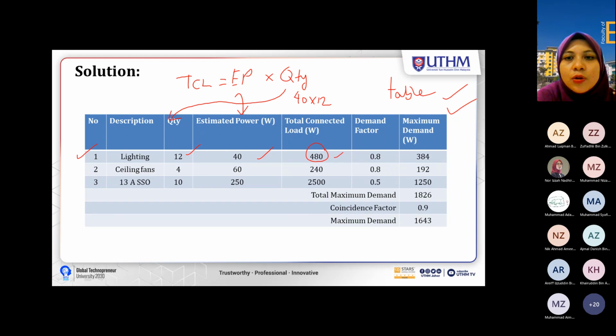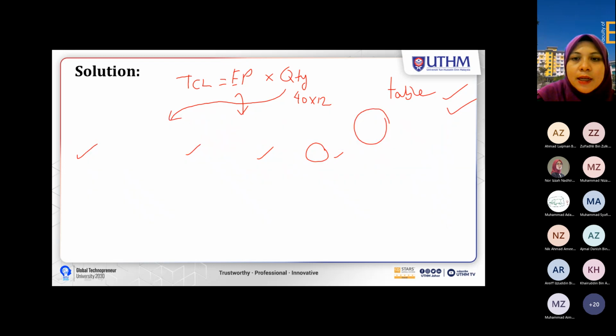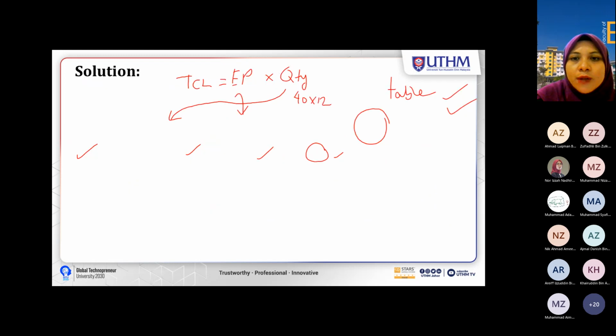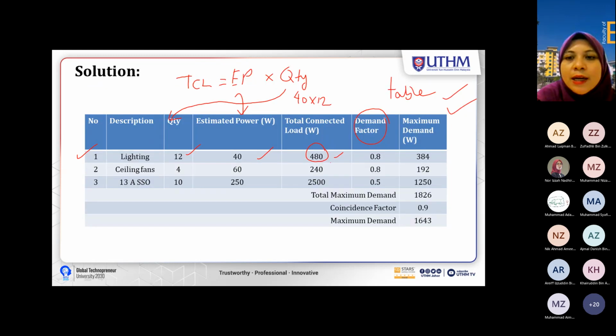And then you have to calculate the demand factor. The first one, the total connected load, we already have. The second one is the demand factor, which is based on estimation. In a question, normally we will give you the demand factor because we want a standard answer. If you do it your own way, the result will be different.